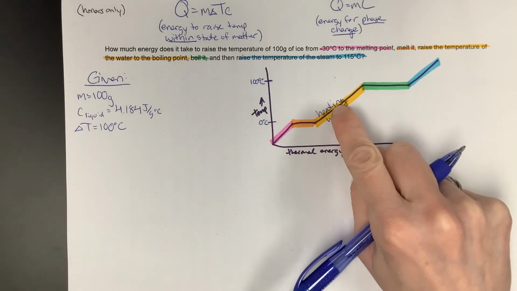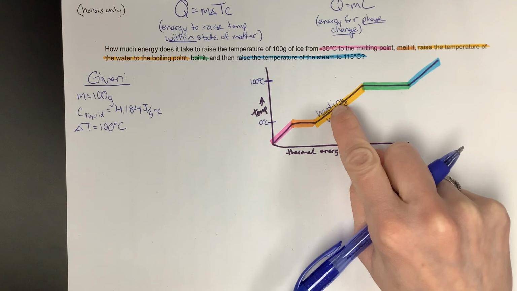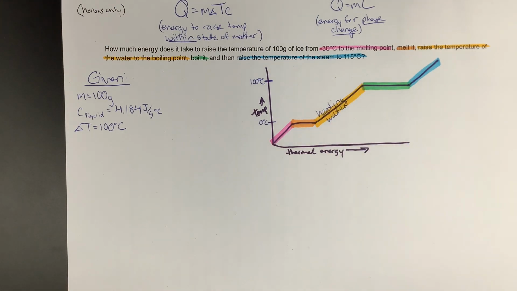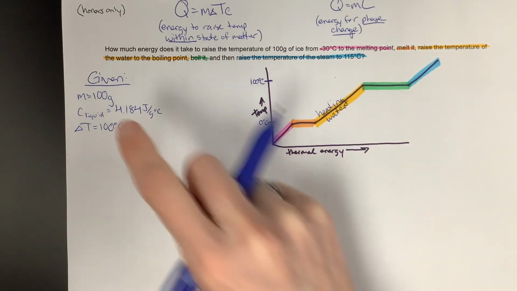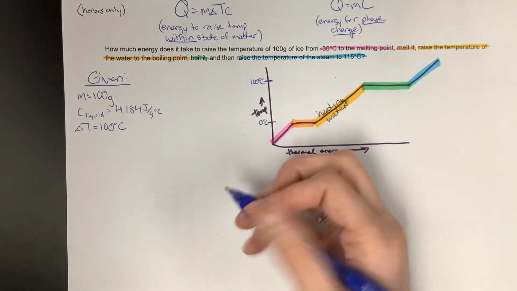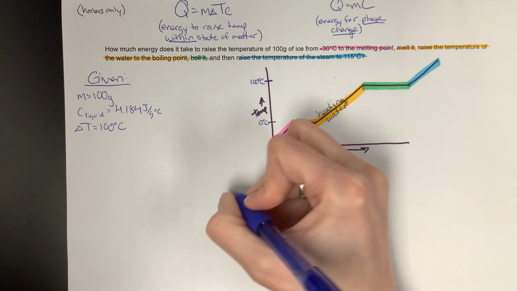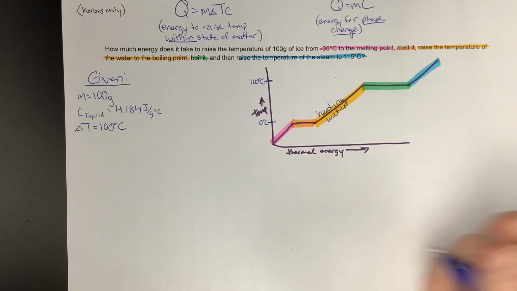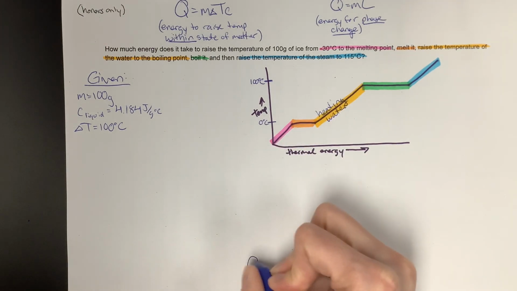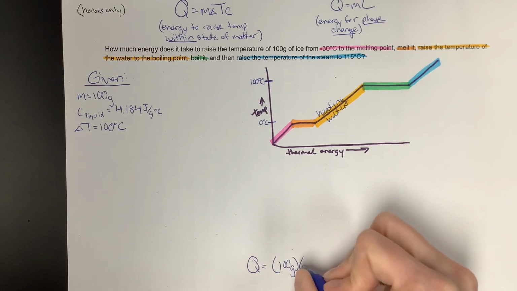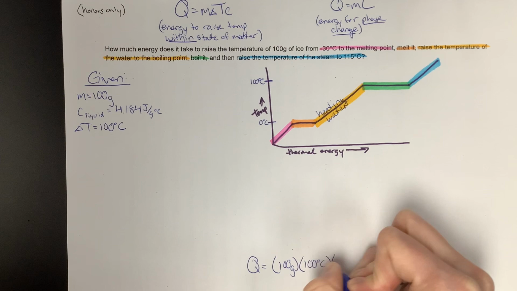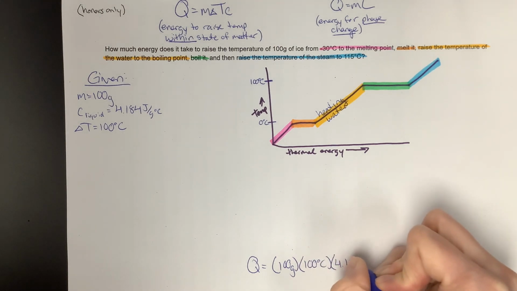So if I'm going to start with the middle here, heating water, I am going to have Q equals M delta T C because I'm within a state of matter. And there's my mass, my C, and my delta T. Mass is 100 grams times change in temp is 100 degrees Celsius times the specific heat of liquid water.